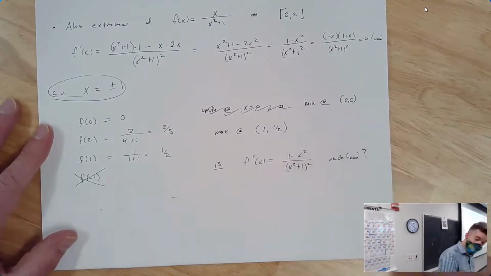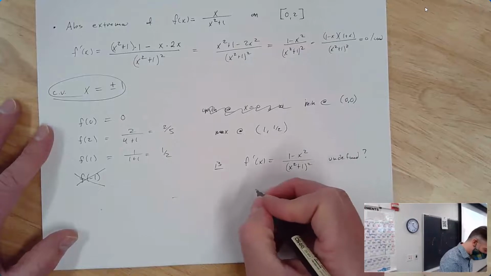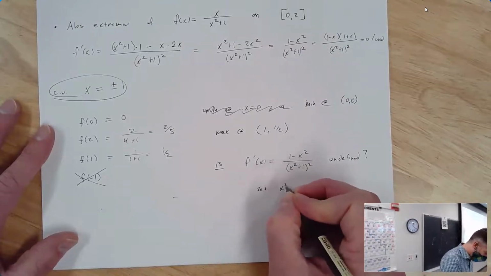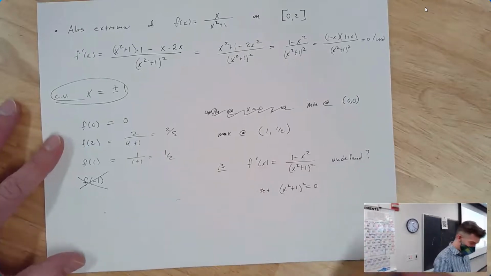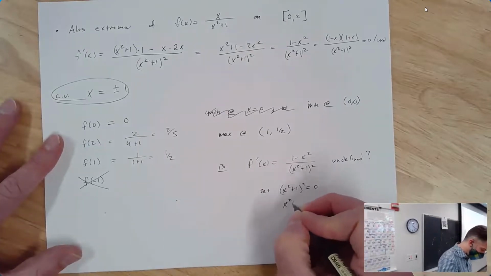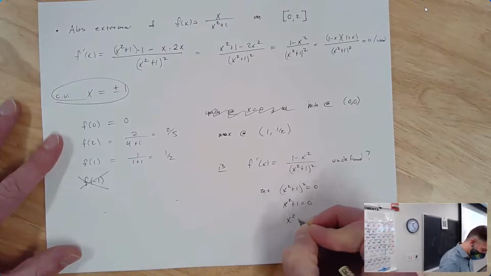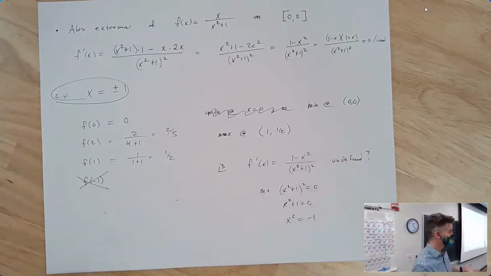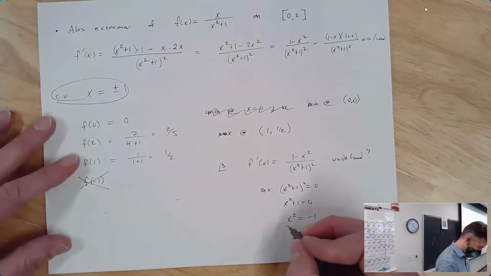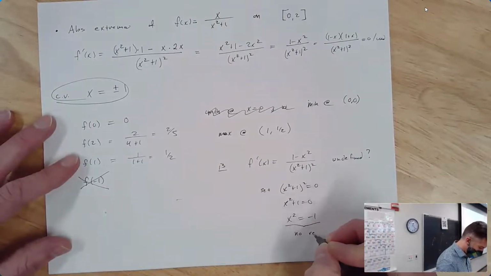And the answer is no, because if you look at the denominator, you try and set x squared plus 1 squared equal to 0, there's no real solutions. You'd have to have x squared plus 1 equal to 0, which would mean x squared would have to equal -1, which would lead you to taking the square root of a negative, which is imaginary. So this has no real solutions.